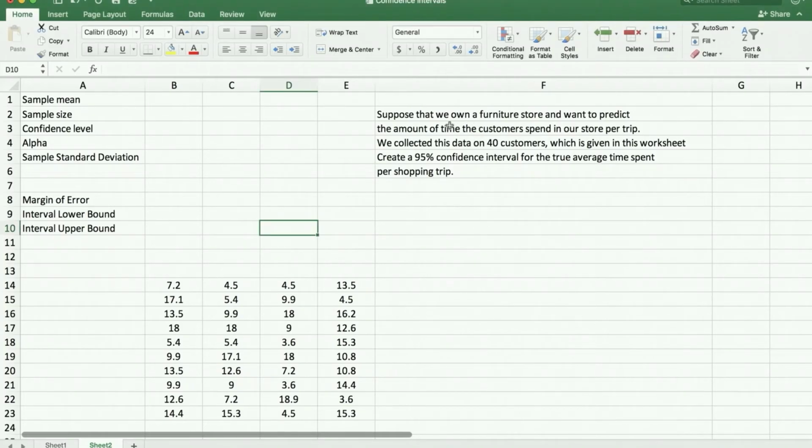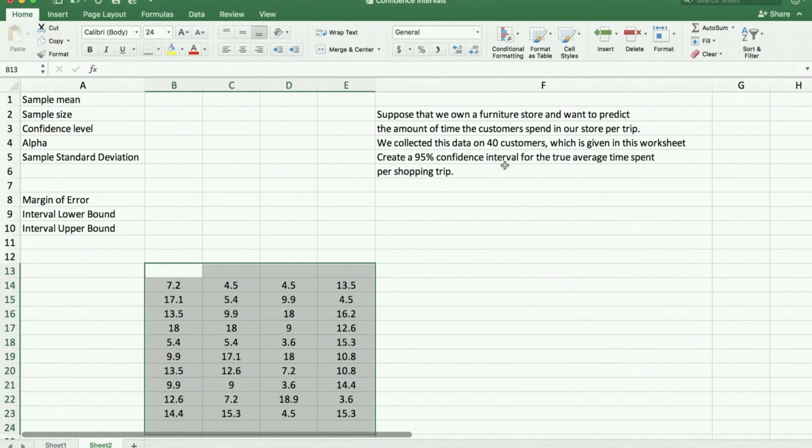So in this example, suppose that we own a furniture store and we want to predict the amount of time the customers spend in our store per shopping trip, and we collected this data, which is given on our worksheet, on 40 customers, and we want to create a 95% confidence interval for the true average time spent per shopping trip.